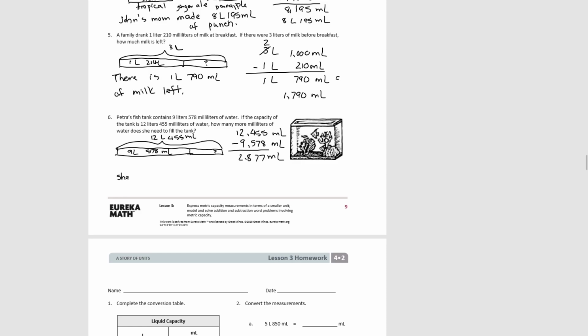She needs 2,877 milliliters, which is the same as 2 liters, 877 milliliters, to fill the tank. And that concludes lesson 3.